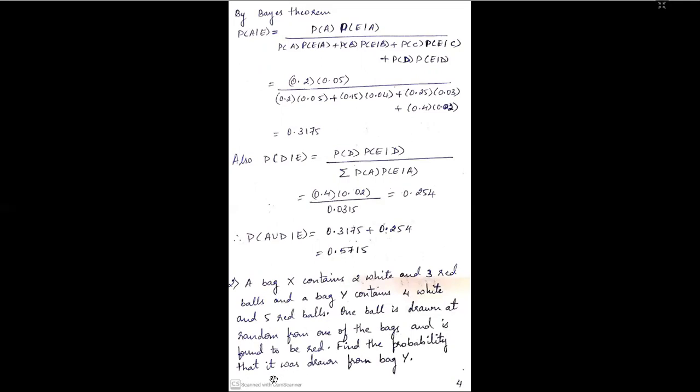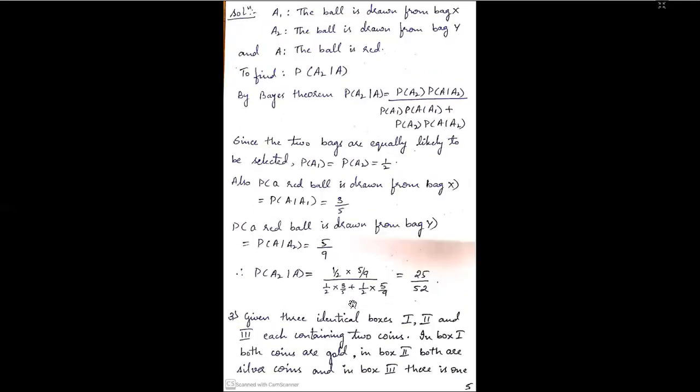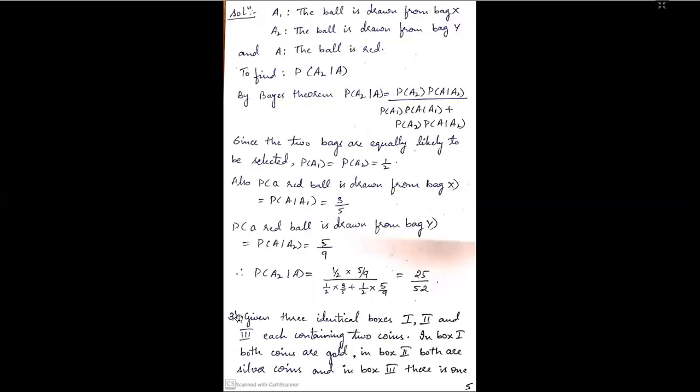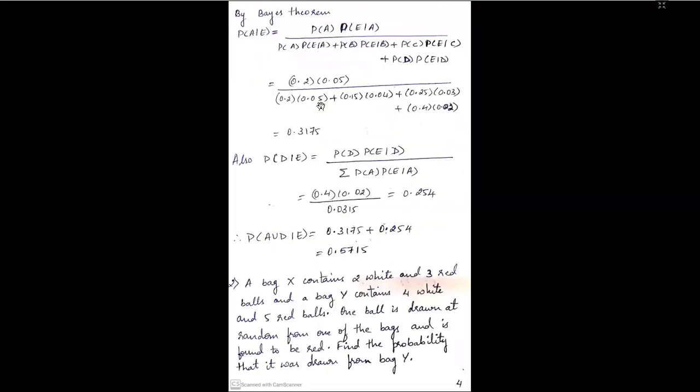Find the probability that it was drawn from bag Y. So we also have two events here, that is bag X and bag Y. A1 is the ball drawn from bag X and A2 is the ball drawn from bag Y, with the condition that it is found to be red. So A is the event that the ball is red. We need to find the probability that it was drawn from bag Y.